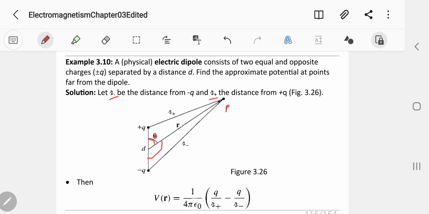This one is 180 minus theta on that side. So if you calculate the potential here, this would just be equal to 1 over 4 pi epsilon times Q over R plus, minus Q over R minus.